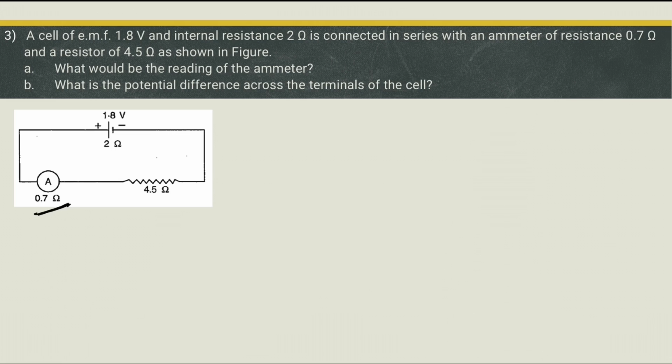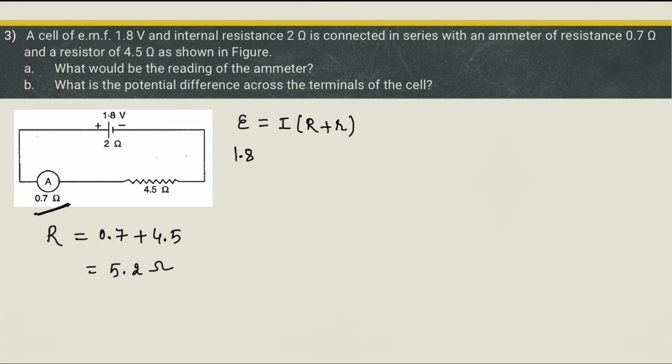But here the resistance of ammeter is 0.7 ohm. So we can say total external resistance becomes 0.7 plus 4.5, 5.2 ohms. Now to find the current in the circuit, once again we can use the formula EMF is equal to current into (external resistance plus internal resistance).